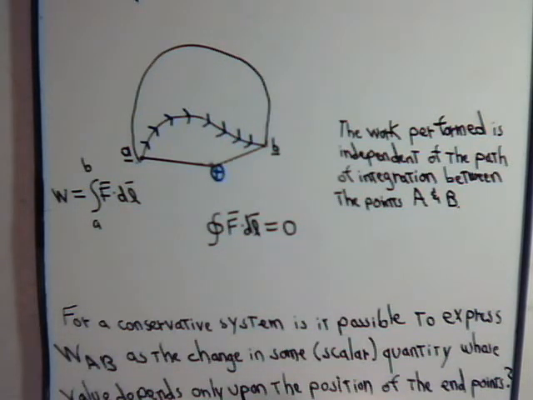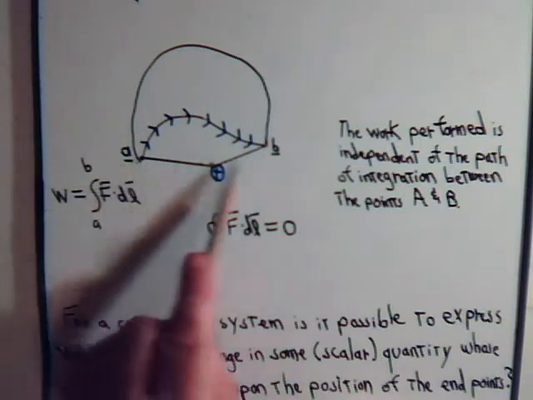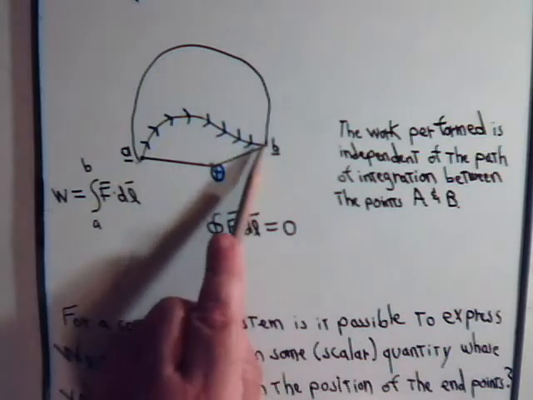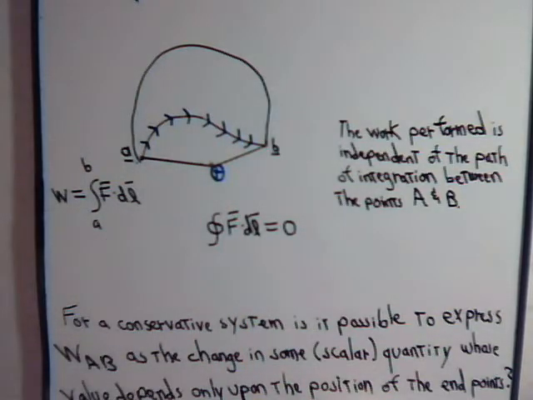Does such a quantity exist? It depends only upon the position points here, and the difference in magnitude of that is what determines how much work is performed. Does such a thing really exist?